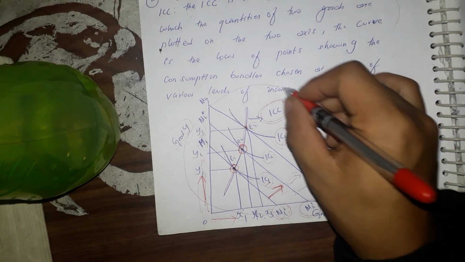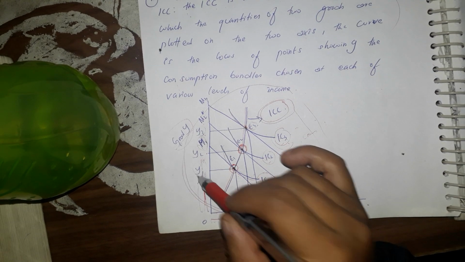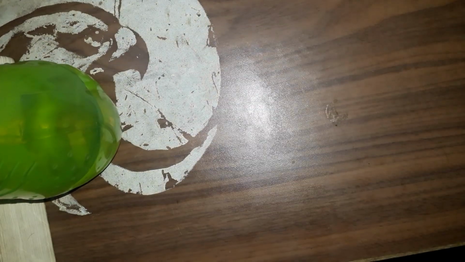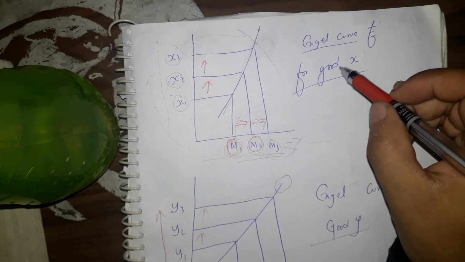Now from the ICC, if we draw explicitly for good X and good Y, we derive a new curve known as the Engel curve. I have drawn this for good X.